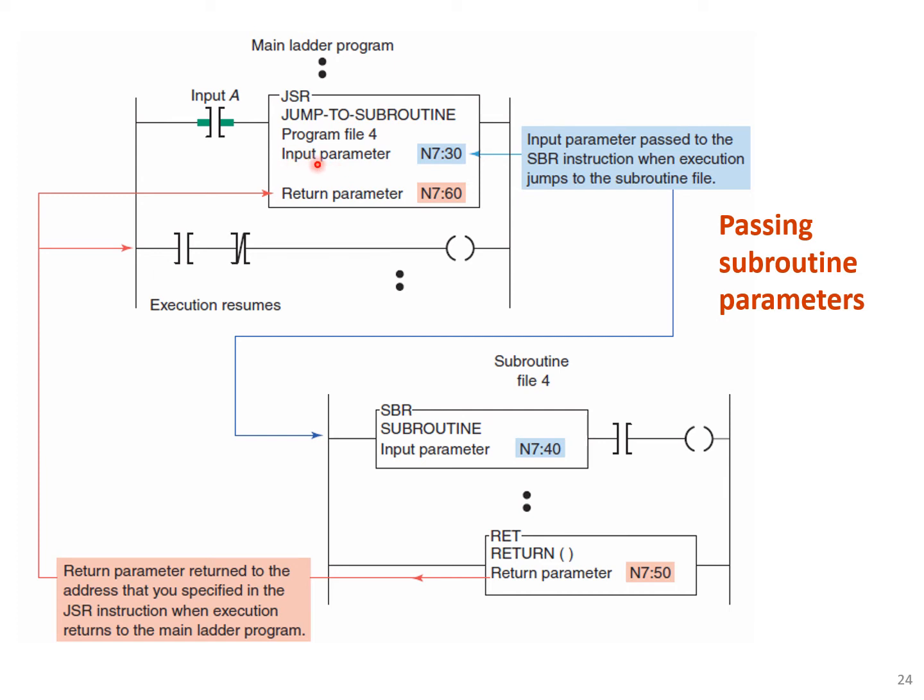For example, we want to pass this input parameter N730, and we want to return N750 to the main program. Okay, so this is the way we do it. The subroutine accepts N740 and returns 750.